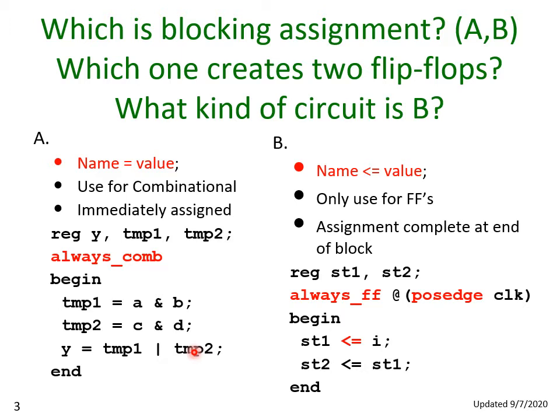Now, if we were talking about C code or most programming languages, it would seem strange that we would even make a distinction on this point. But in hardware, when, let's say, A and B produce a value that then is output by a logic gate, there is a propagation delay associated with it.